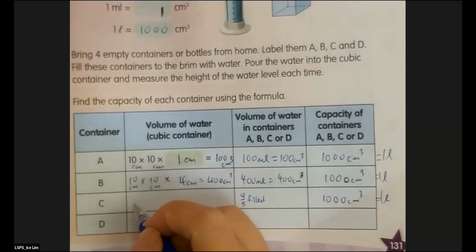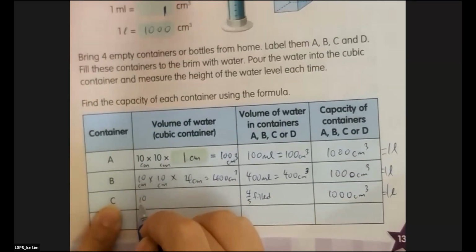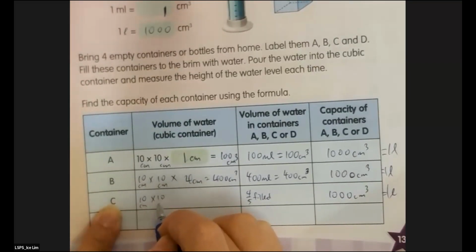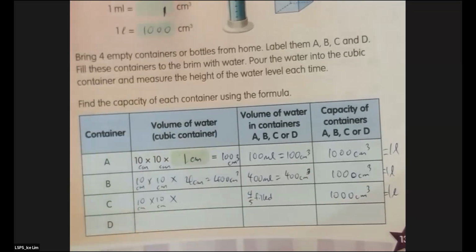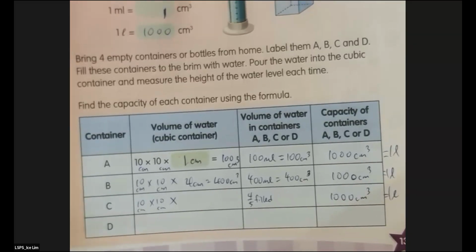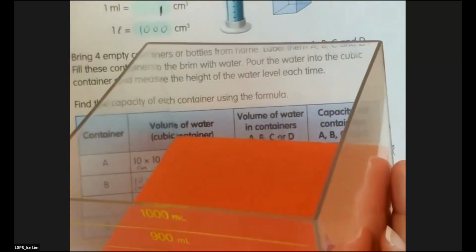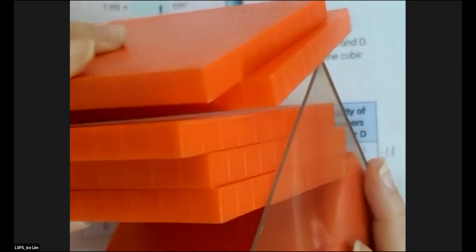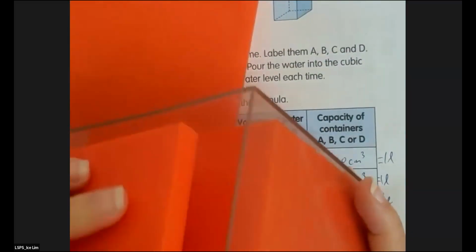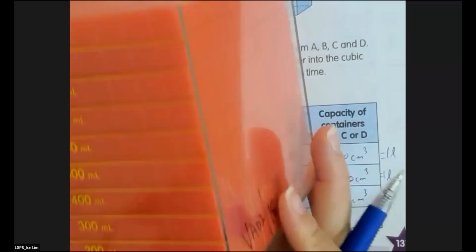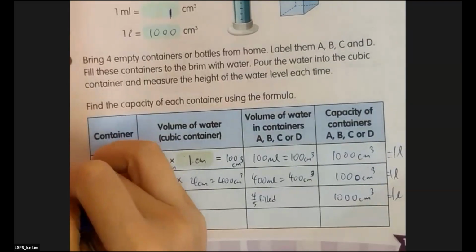What do you think will be the height? Since we agree that the length and breadth never change, is the height change. If it's 4/5 filled, what will be the height? If it's full, what's the height? 10 centimeter, correct. If it's full, it's 10 centimeter. Okay. If it's 4/5, if I convert to equivalent, 4/5, right?